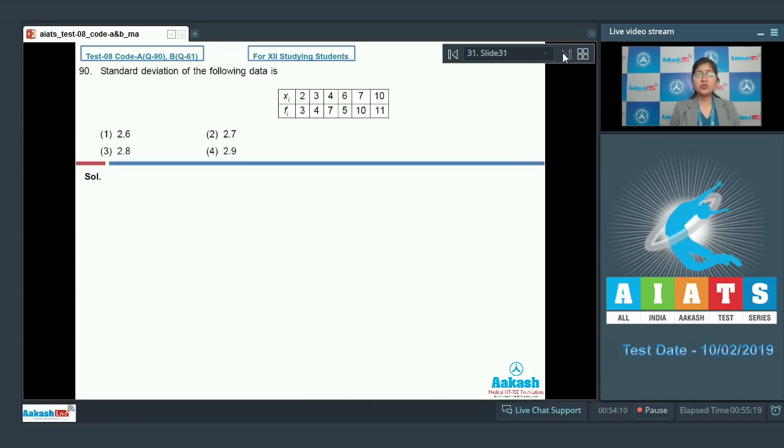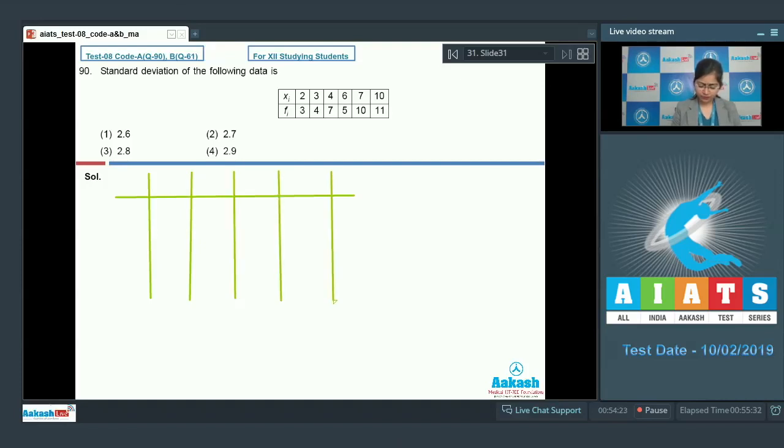Next is question number 90, which says the standard deviation of the following data is. Let us say the data is given as this one. Let us say this is Xi and this is Fi. This is 2, 3, 4, 6, 7, 10.